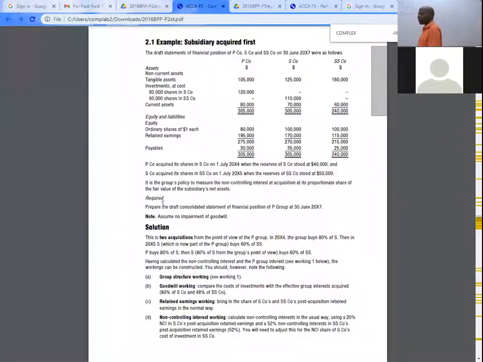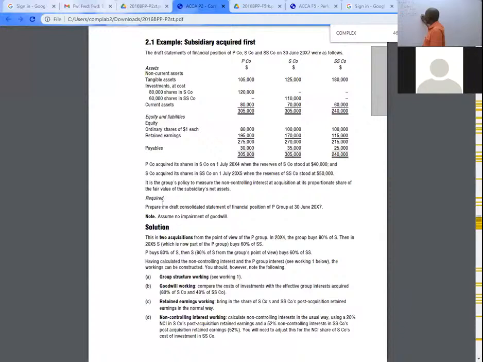I have the property, plant, and equipment, also known as the tangible assets, the PPE basically.